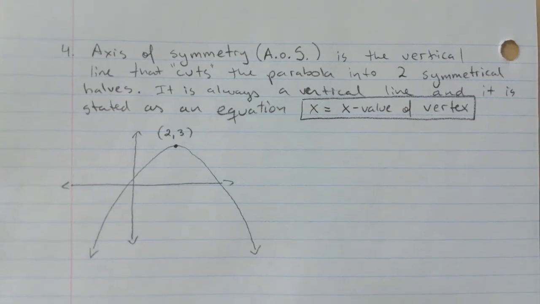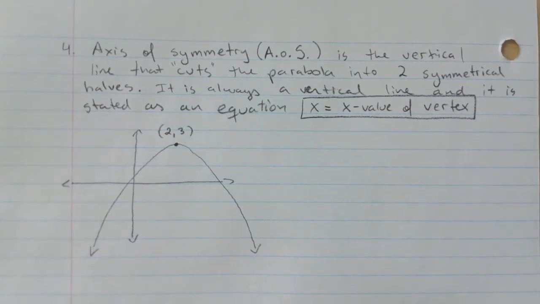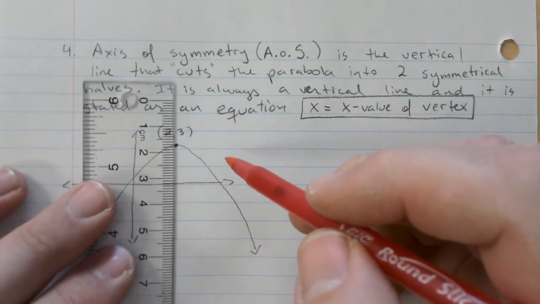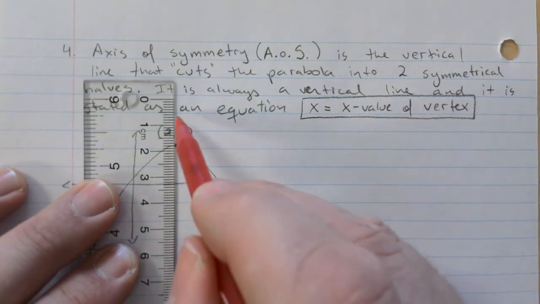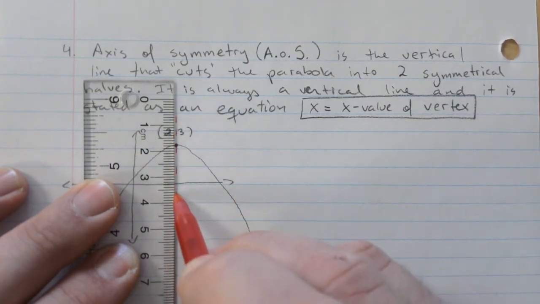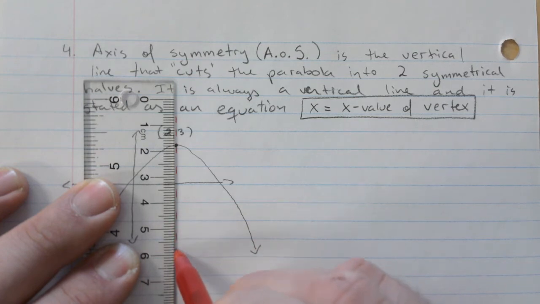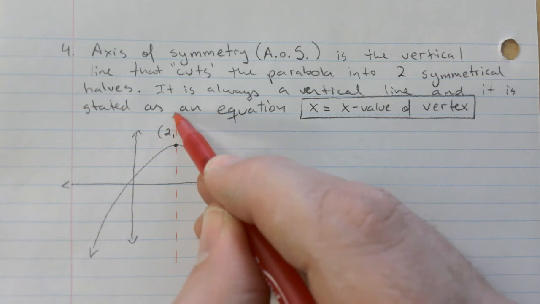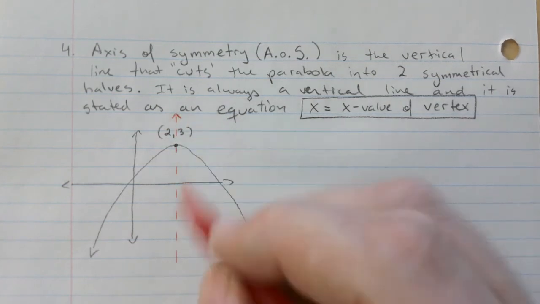So if this is a parabola, if they talked about the axis of symmetry, it would go down right through the vertex. So I'm going to make a dashed line here, right? That is the axis of symmetry going through the vertex.